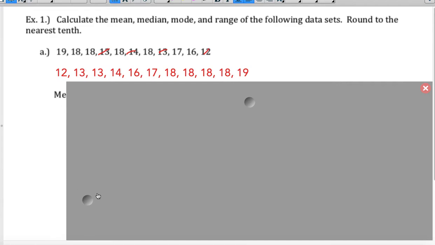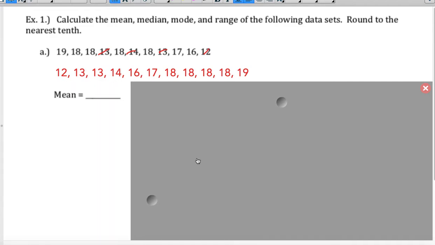If I'm going to find the mean, as we wrote down a moment ago, we need to add all these up and divide by the number in the data set. Counting the data set: 1, 2, 3, 4, 5, 6, 7, 8, 9, 10, 11.